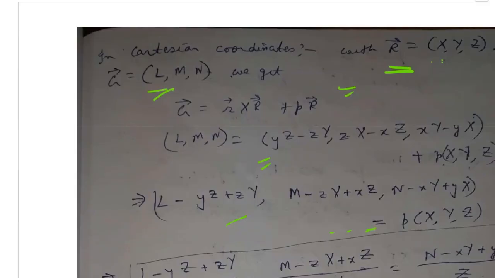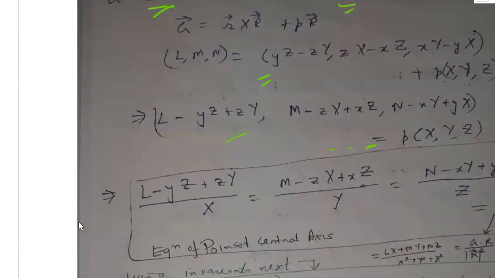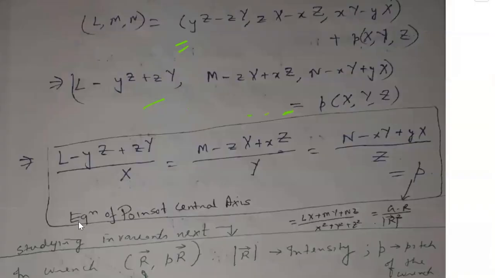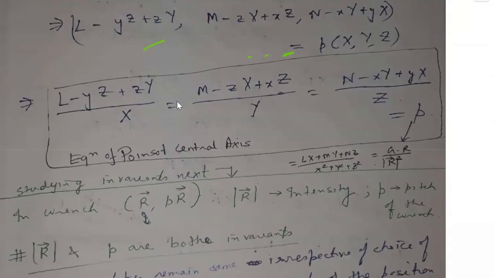Once you equate it, you get this as the line of action of the resultant force and the couple's axis. That means the equation of the points of the central axis. So in terms of the Cartesian coordinates, you can put it like this.